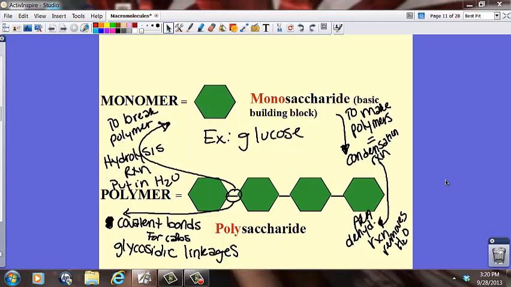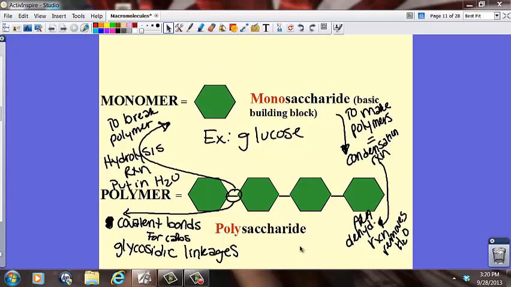This is a reaction that removes a water molecule, and by removing the water molecule we create a new bond, and that bond is very specifically a covalent bond. When we're talking about sugars, we call it a glycosidic linkage.